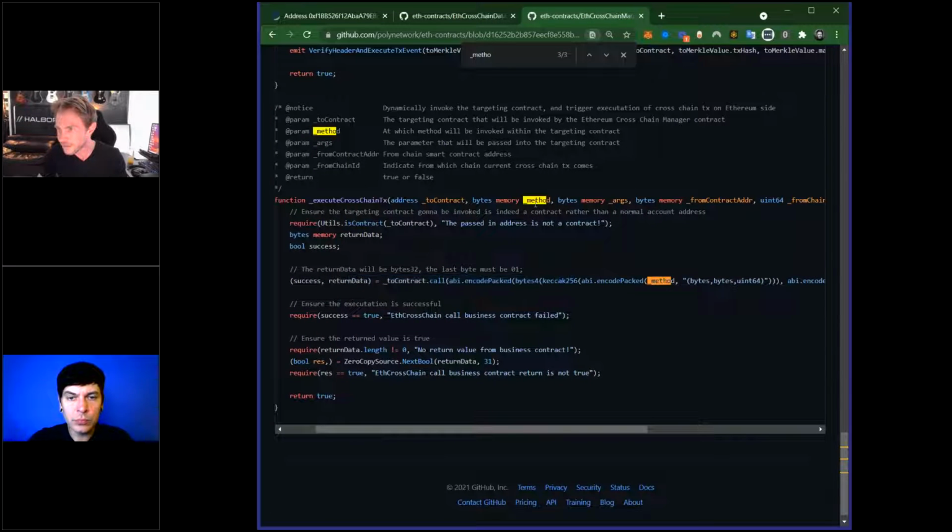So what it is, executeCrossChainTx allowed the hacker to control which function he wanted to update, which is actually the one from the data for adding his key to that list. And this function for adding the key to the list is only executed by this particular cross-chain manager.